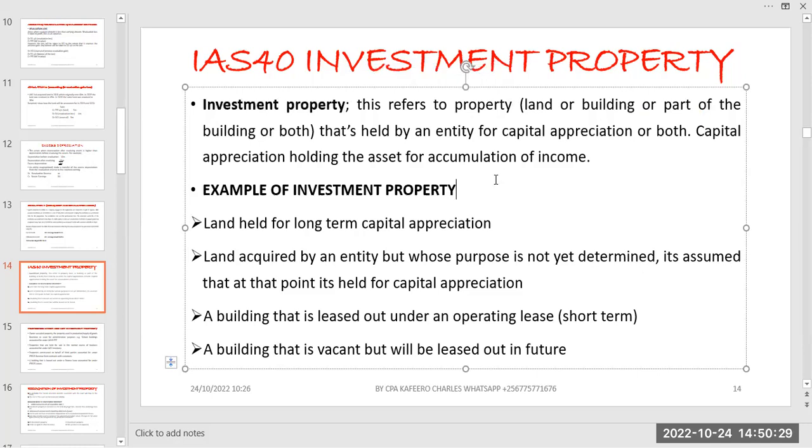How do you know that you have an investment property? Then we go to the measurement basis. How are you recognizing, or which value are you going to assign to that asset? Those are the things we are going to be looking at for now. Without wasting more time, let's kick off.